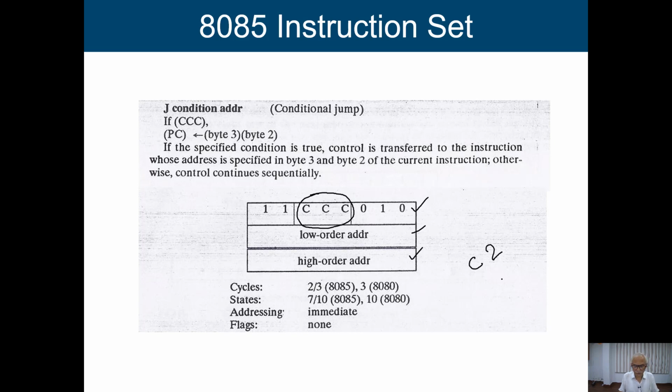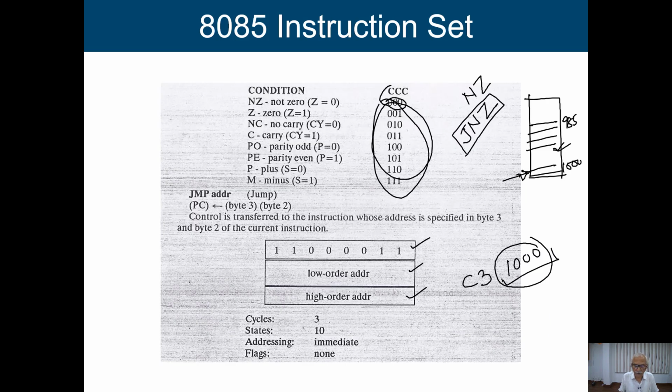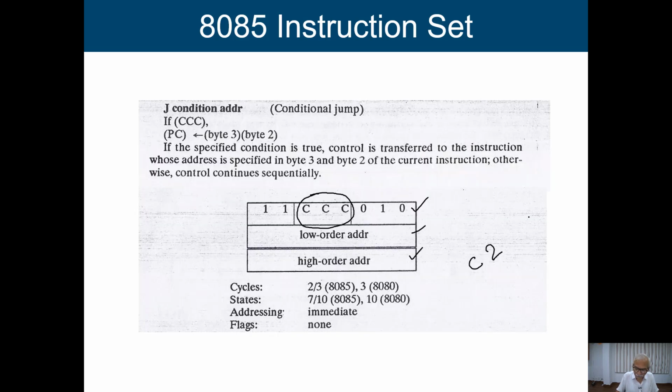In the case of C2, you will find that this is not zero. So this is basically jump not zero. If we are performing one arithmetic operation and the result is not zero, then you jump to the address that is provided over here. This is the way we can look into it.